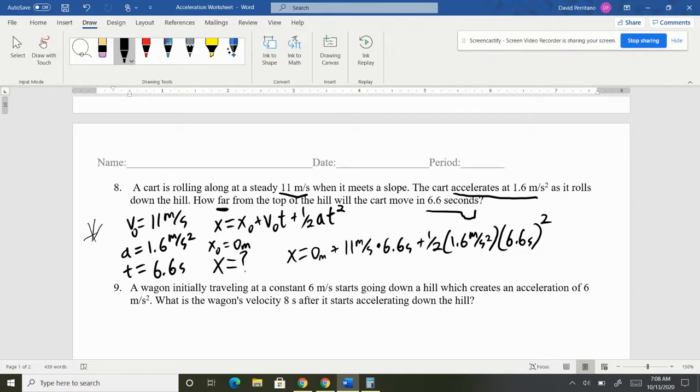Now, notice this is the equation we were taught with free fall, but it's useful in all sorts of acceleration problems as well. Let's go ahead and simplify a bit.